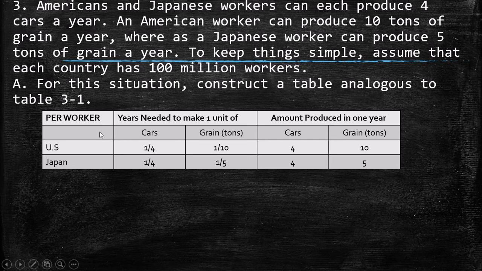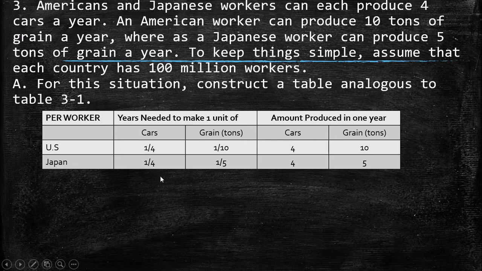So it means that the years needed to make 1 unit of cars is 1/4, and each worker produces 10 tons per year. So it means that the years needed to make 1 unit of grain measured in tons is 1/10. On the other side, in Japan, each worker produces 4 cars per year.